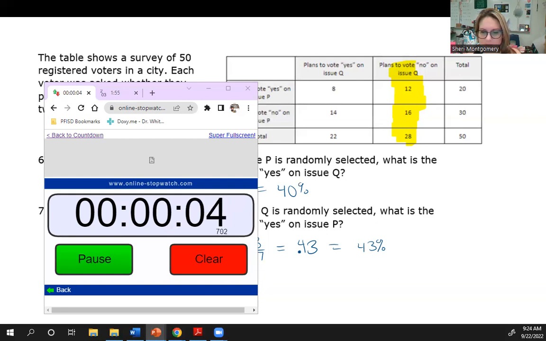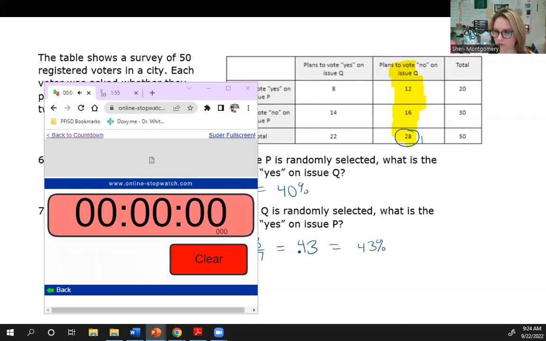I circled the wrong one. Down the Q column, we're voting no. So that's where I total. And then voting yes on issue P. This is where I get my part.